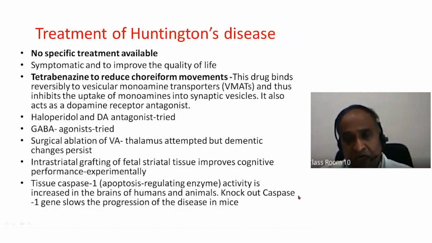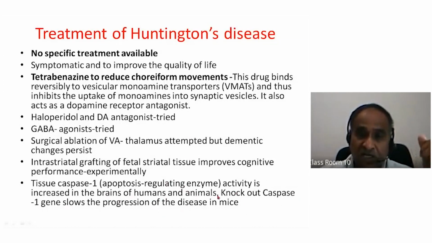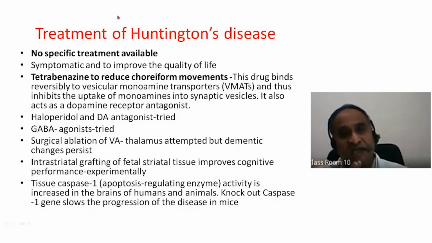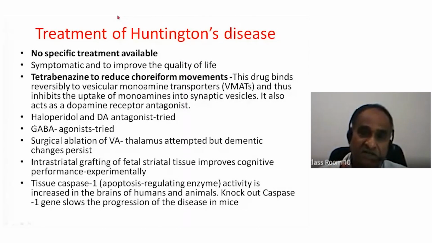And knockout of the caspase gene has also been attempted. So, what is the problem here? The problem is on the short arm of chromosome 4: increased CAG repeats and increased expression of huntingtin.